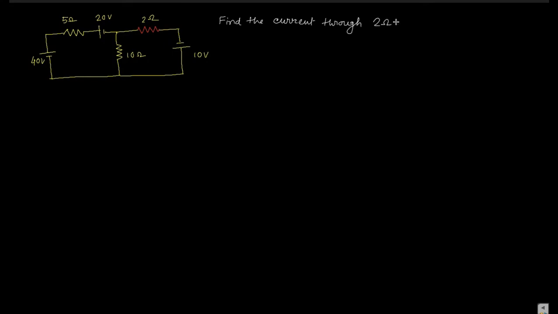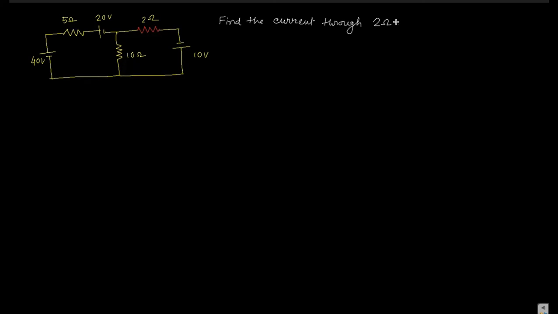You can apply KCL, KVL, Thevenin's, Norton's, maximum power transfer, superposition, Millman's, reciprocity, whatever you want. But today we are going to discuss the superposition theorem, and how we can apply it in a complicated circuit.